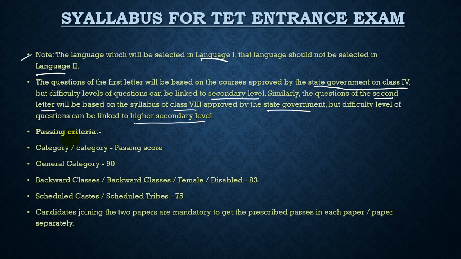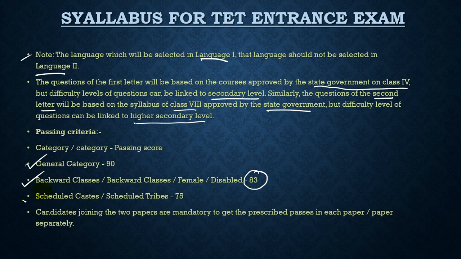Now, what is the passing criteria for general category applicants? The passing mark is usually 90. For backward classes, backward castes and females, or persons with disability who are physically challenged, the passing mark reduces to 83.